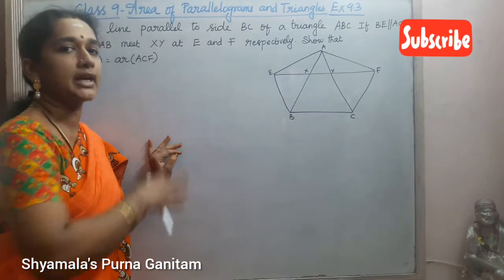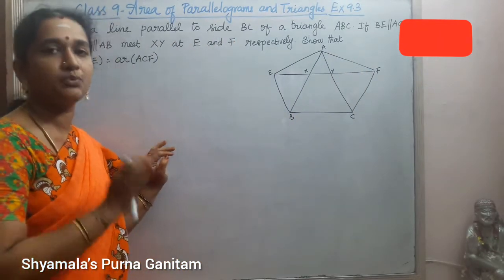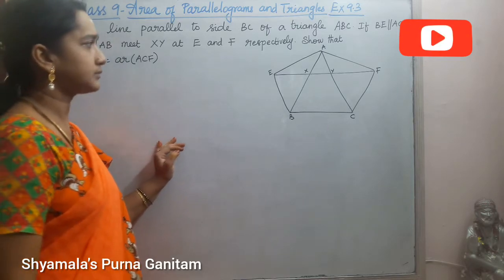So these two triangles' areas are equal. That we are asked to prove.